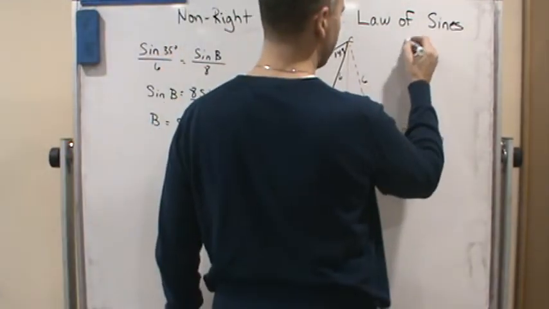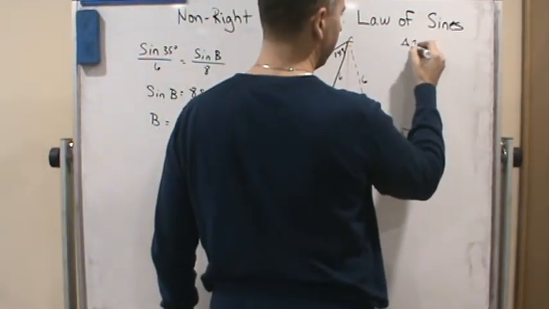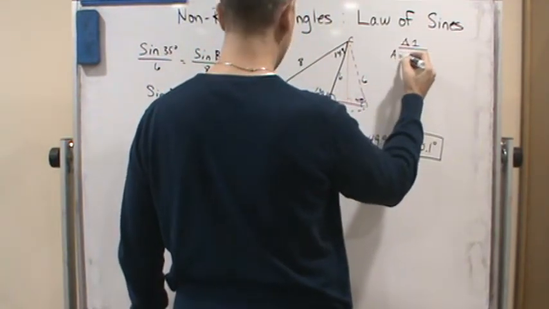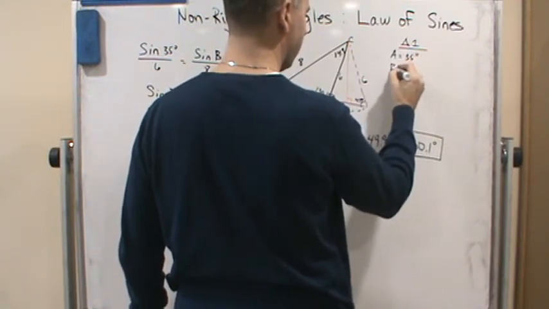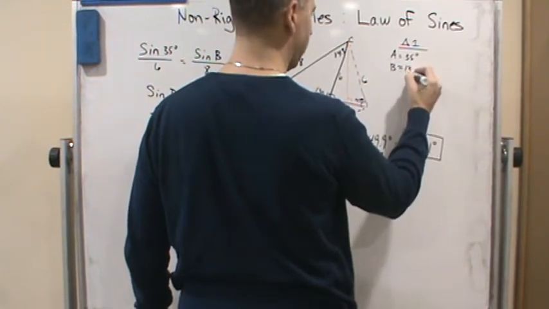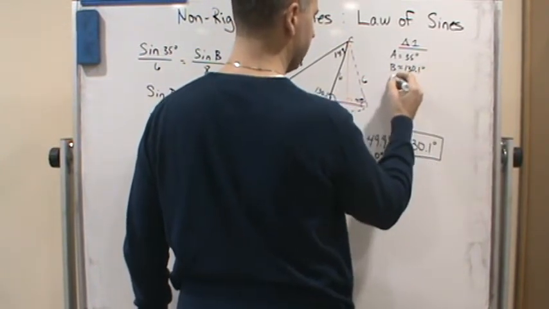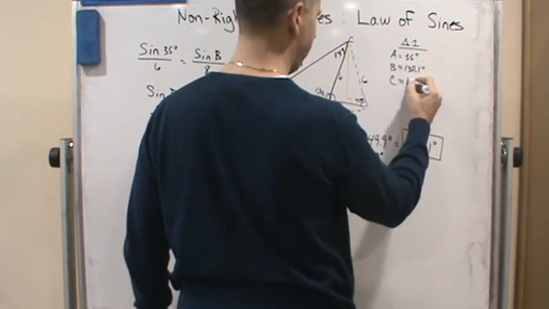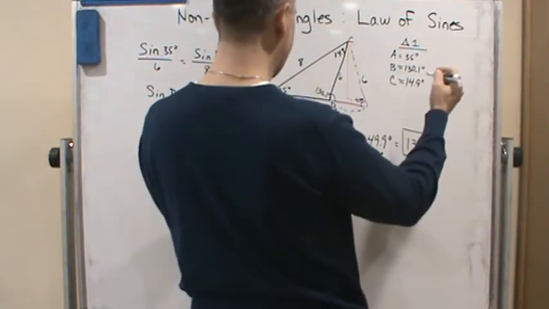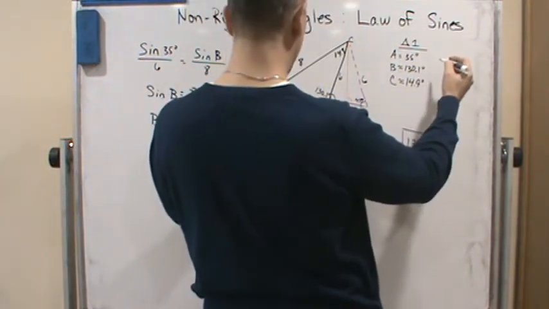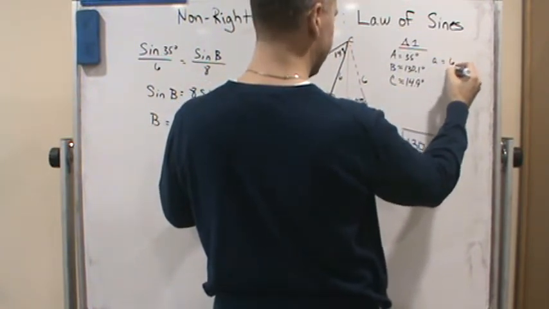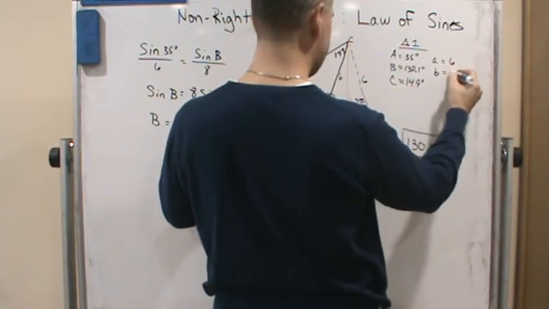So now let's solve for triangle 1. Triangle 1, we've got A equal to 35 degrees, B approximately 130.1 degrees, and C approximately 14.9 degrees. Now we've got two of the sides: A is equal to 6, B is equal to 8.